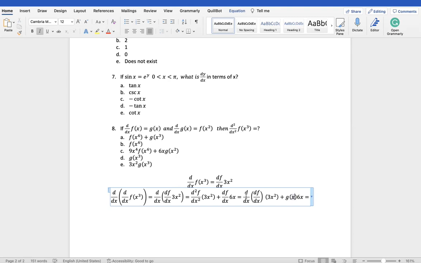So here in the first part, we're looking for d over dx of g of x, which was given to us as f squared. So let's write that, f of x squared, multiplied by 3x squared.